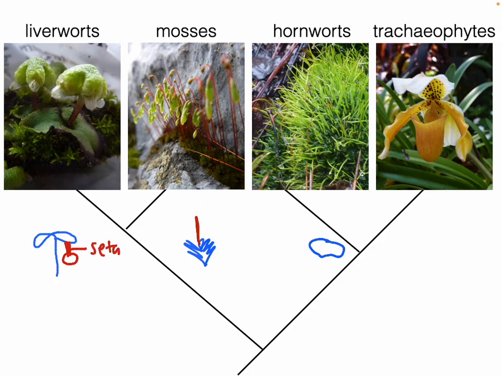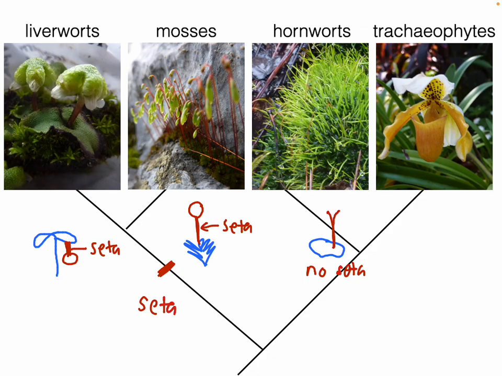And same thing with the mosses, they have seta. But hornwort, no seta. Just sporophyte, just sporangium. So they believe that these two groups share seta, the stalk, together.